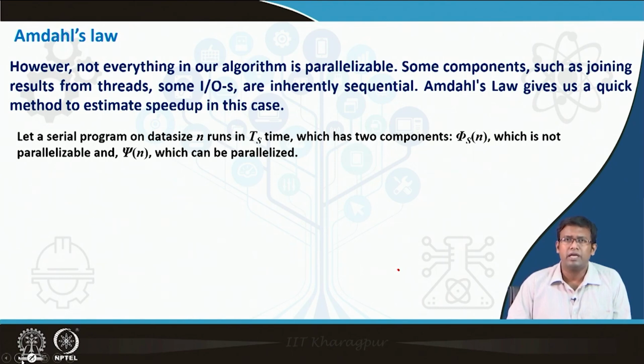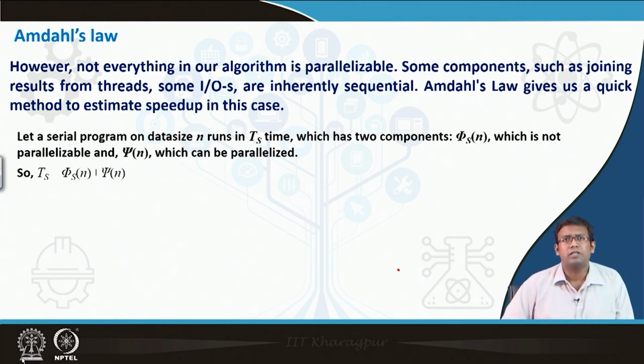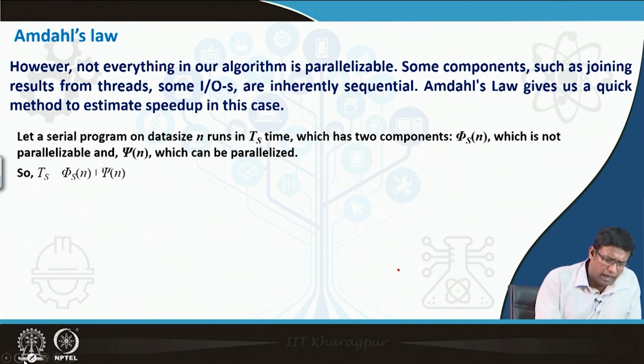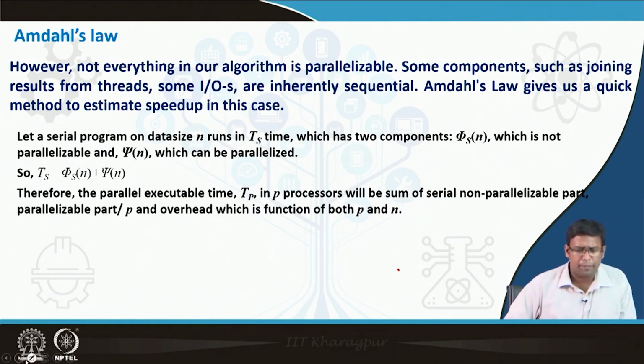But psi n can be distributed over many processors, and we can reduce this time. So the total time for this sequential program is phi s plus psi n, and the parallel execution time Tp will be the sum of the serial non-parallelizable part phi s, which will always be there, and the parallelized part divided by P if we are using P processors.